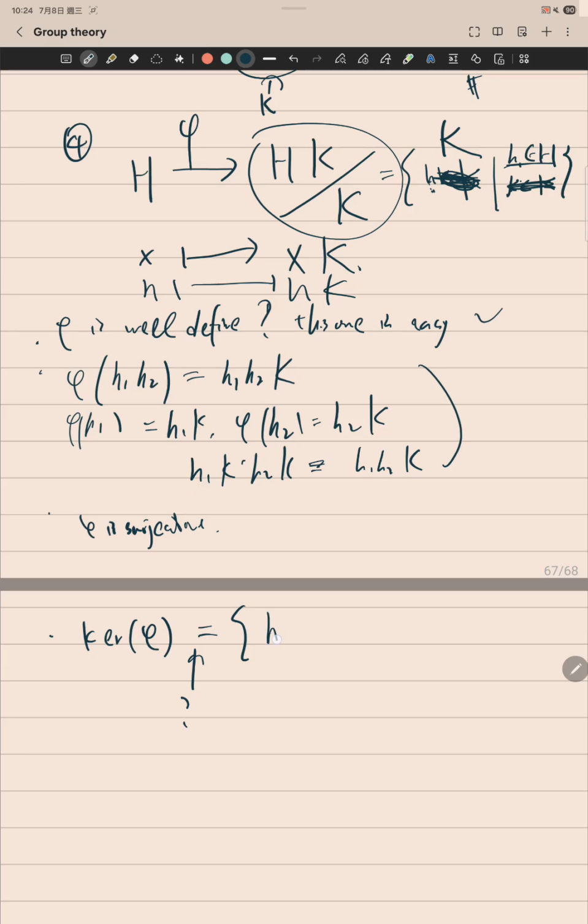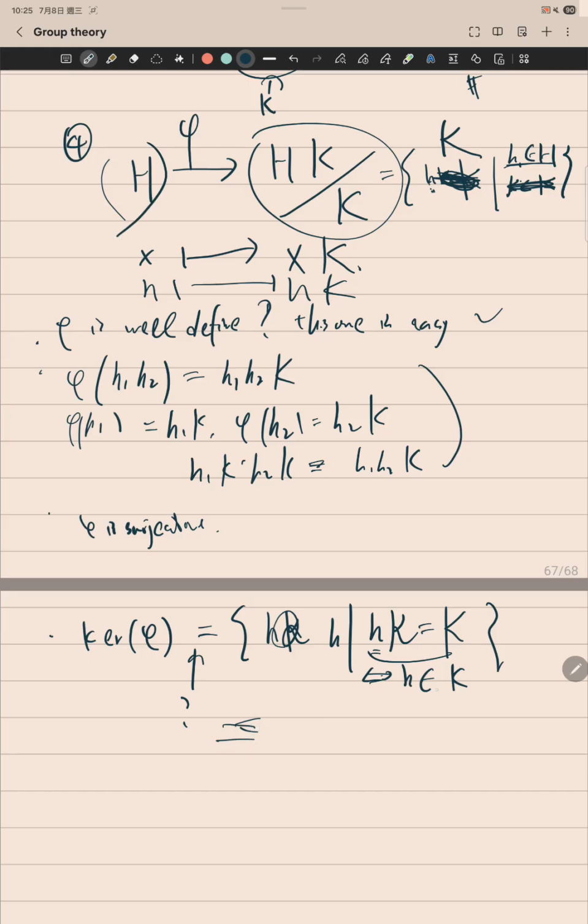The kernel is just the h such that hK equals K. But hK equals K is equivalent to h belonging to K. But there's H here, right? So this set is just asking what's the intersection between K and H. Because this condition is h belongs to K, so it's H intersection K.